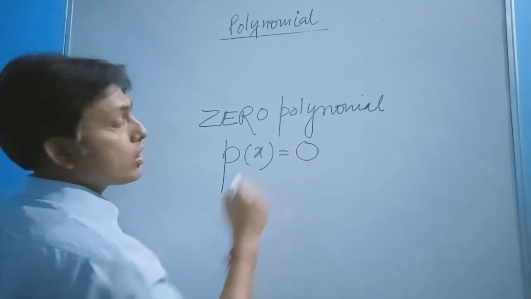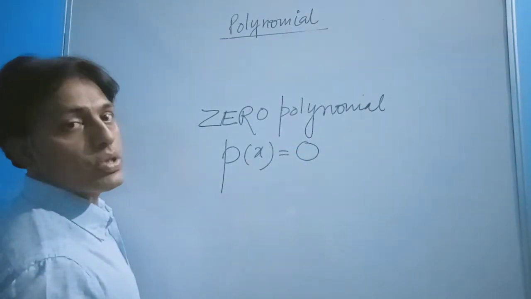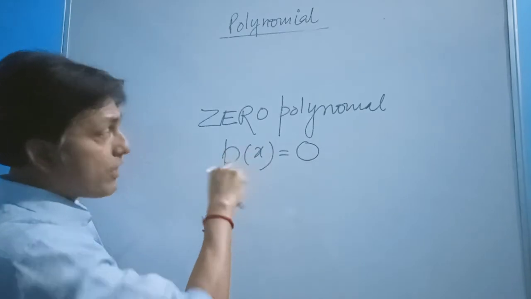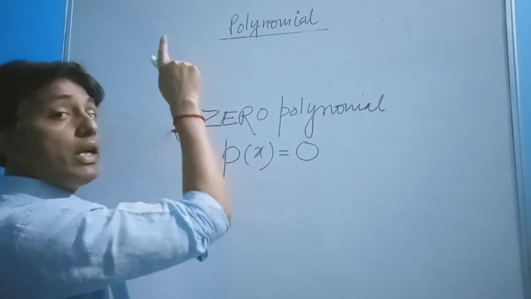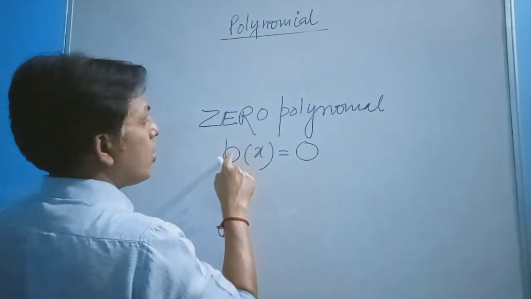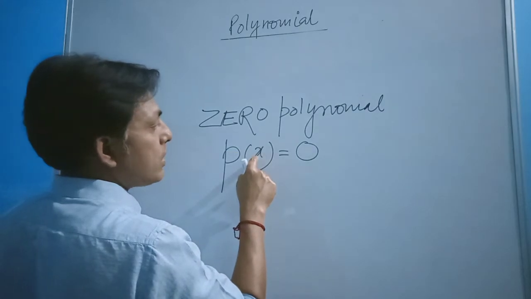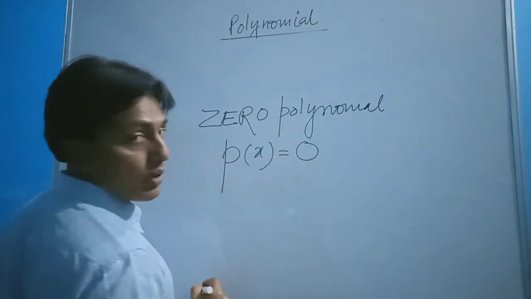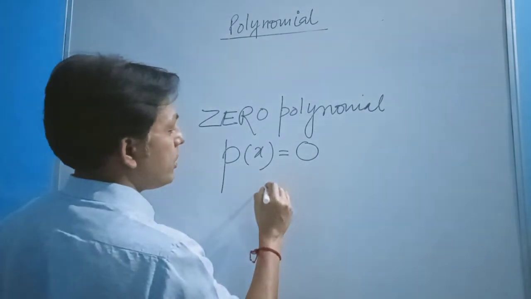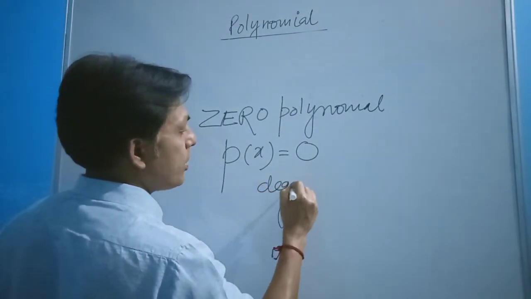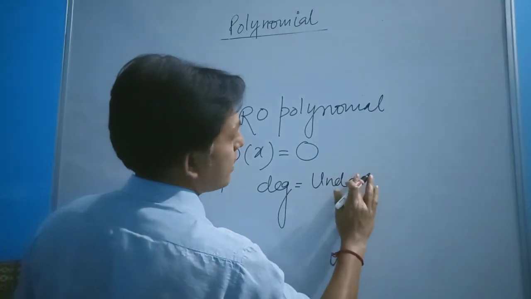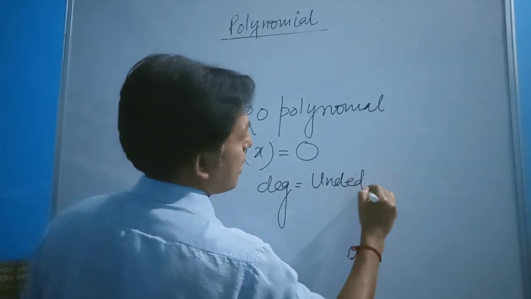See, this is not a constant like that I have used for the constant. I will tell you the difference between this 0 and the constant. All the polynomials like px is equal to 0 are called zero polynomial. The degree of this polynomial is undefined.